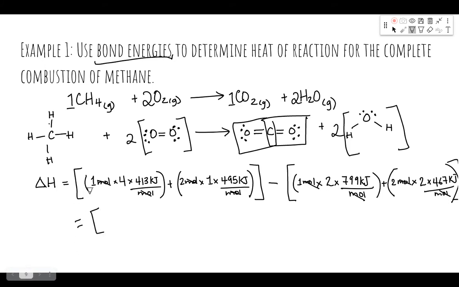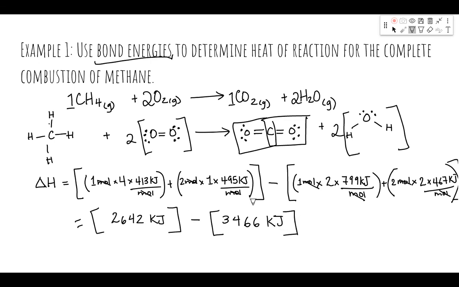Okay, so if I sum up the total energy of the bonds broken, it is going to be 2642 kilojoules. Right, and I got that by adding up this value to this value. And when I add up all of the energy of the bonds formed, it is going to be 3466 kilojoules.